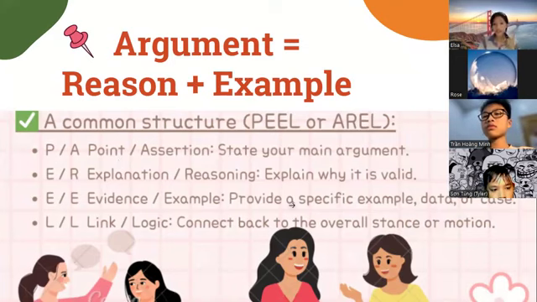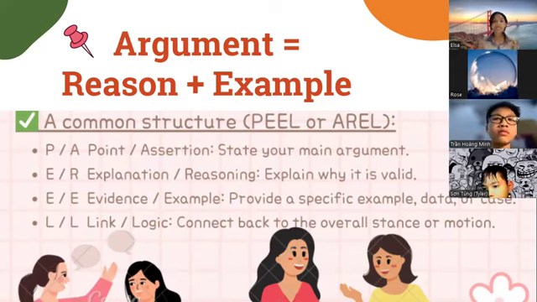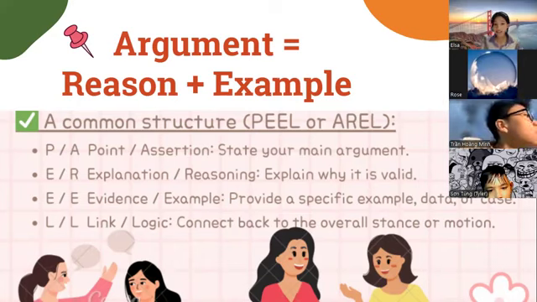First, you state your main argument, which is called the point or assertion. Second, the explanation: if your point is that zoos are bad, explain it. Then you need to provide evidence, a specific real-life example or a statistic, and then link back to it, like the overall point.